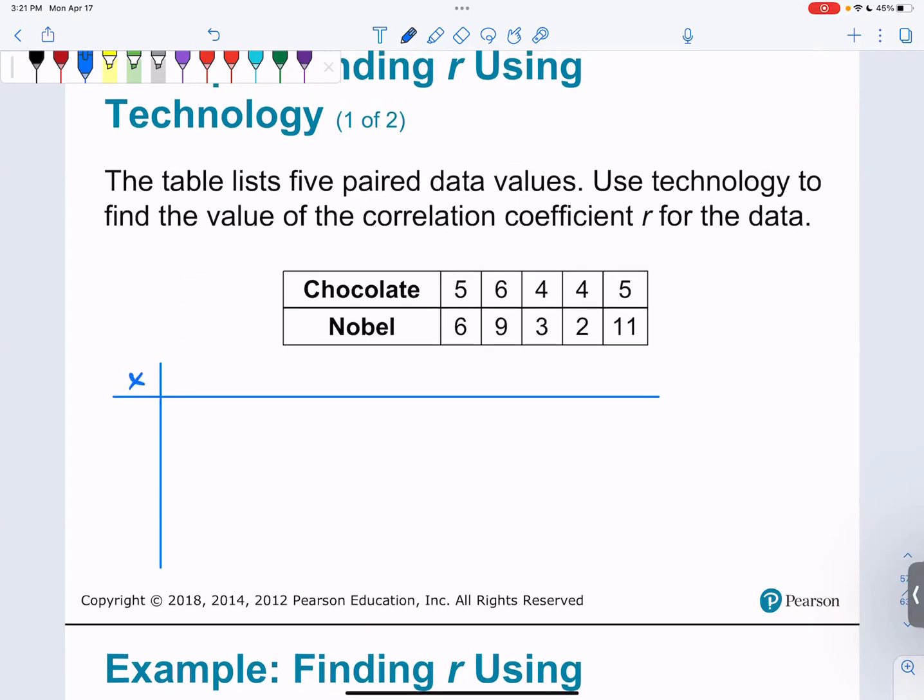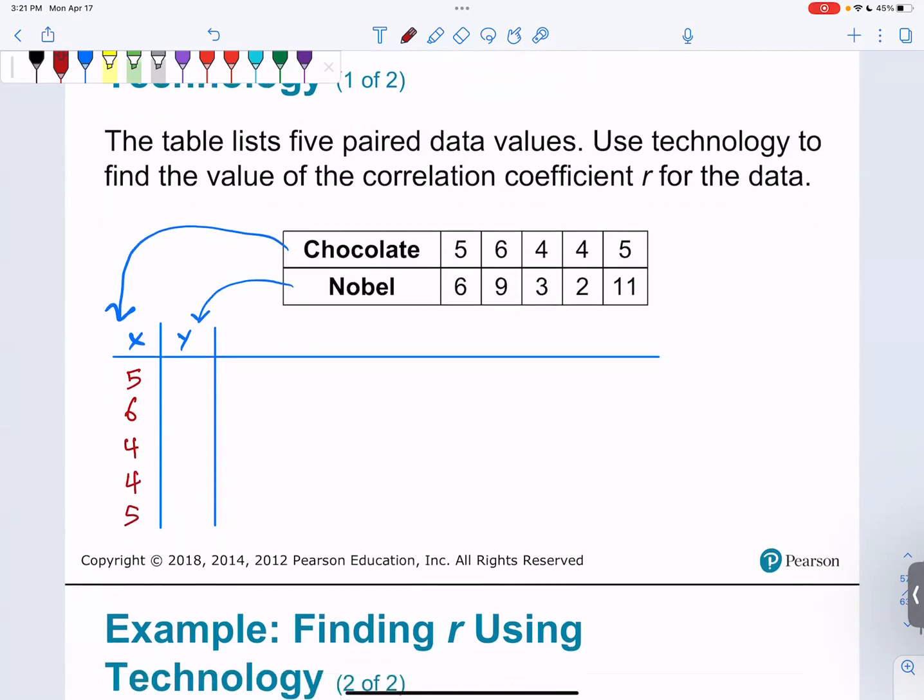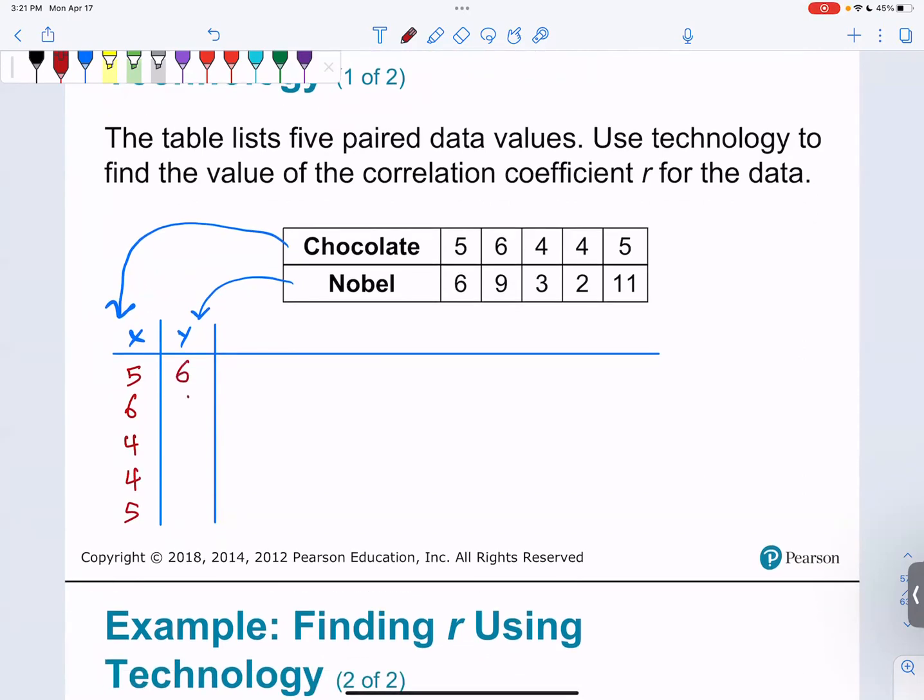We use this as X, and then Y. So we have 5, 6, 4, 4, 5, and then we have 6, 9, 3, 2, 11.